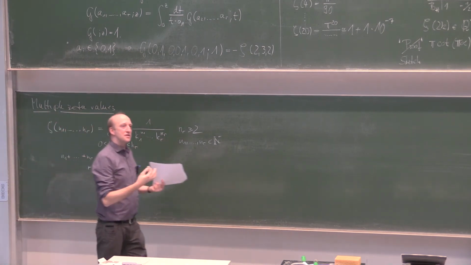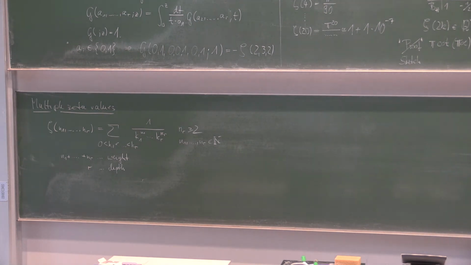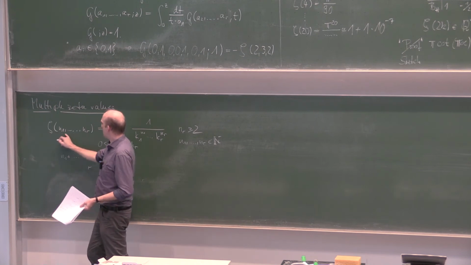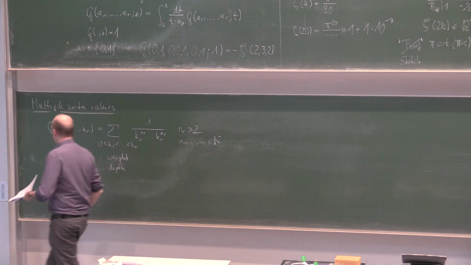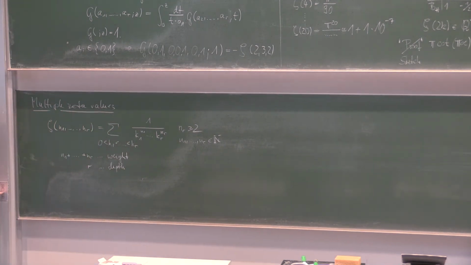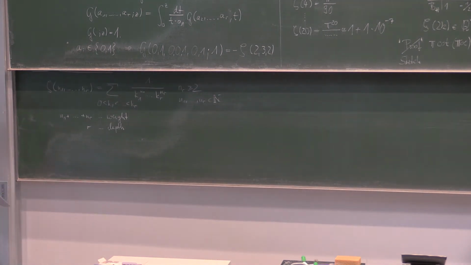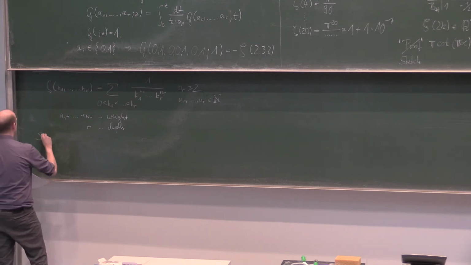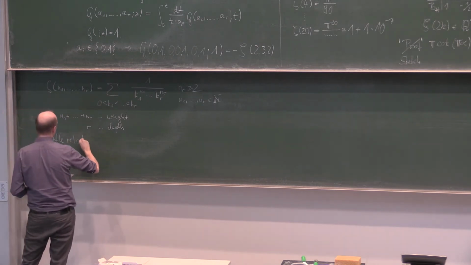So can we actually perform some manipulations to the sum in order to derive relations between zeta values of these different indices? And of course, I wouldn't ask that question if the answer wasn't yes. And so I want to start with an easy example, and this example will lead to something called the stuffle relations.